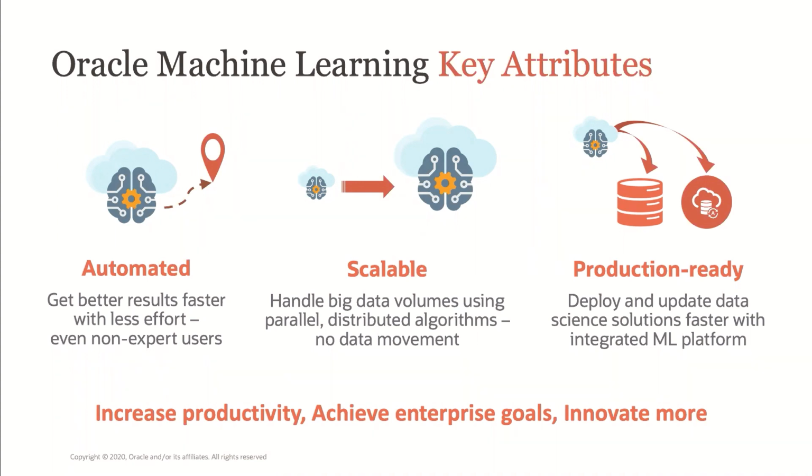The second is to make sure that it's scalable, so that it can scale very well. And the last thing is to make it production ready, so that you can actually reuse it and predict outcomes coming from a model that you just developed. So that's our main objective.